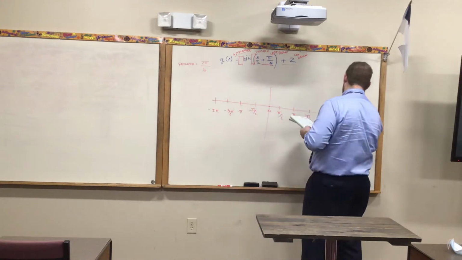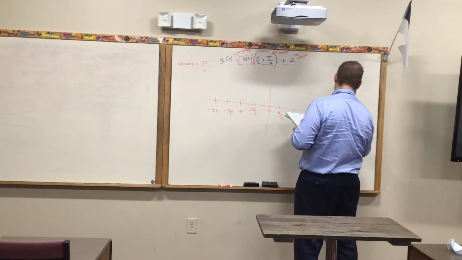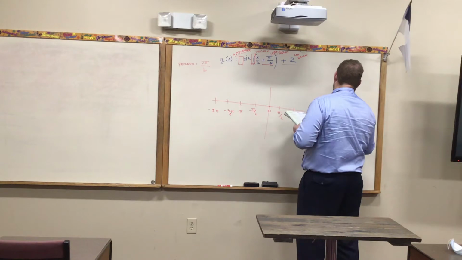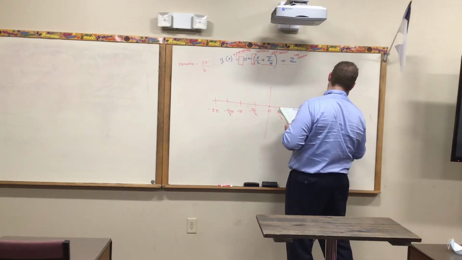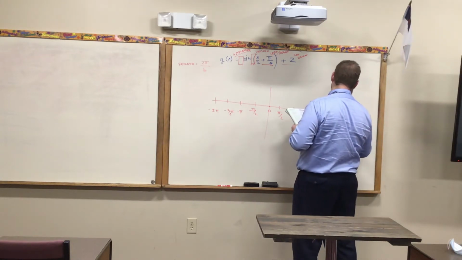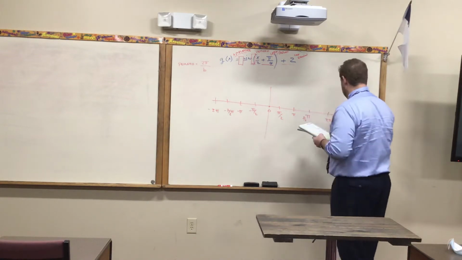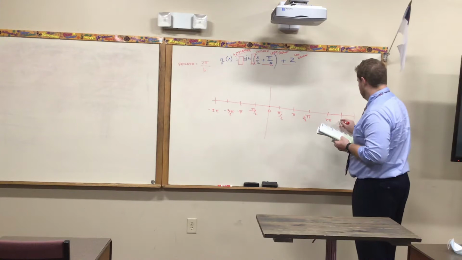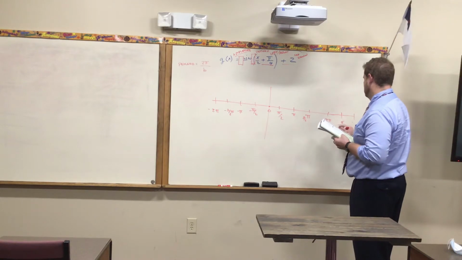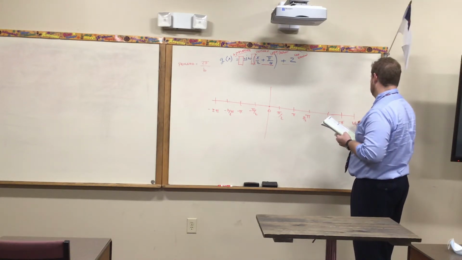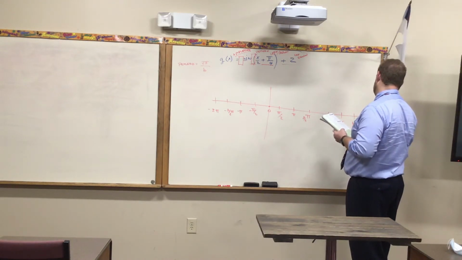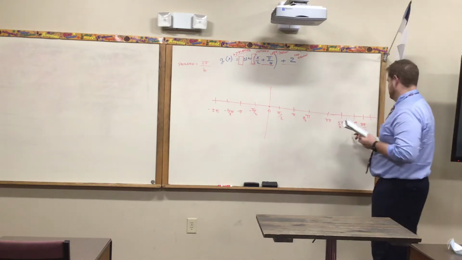So you would keep going, 2 pi, 5 pi over 2, 3 pi, 7 pi over 2. 6 pi over 2 is 3 pi, by the way.